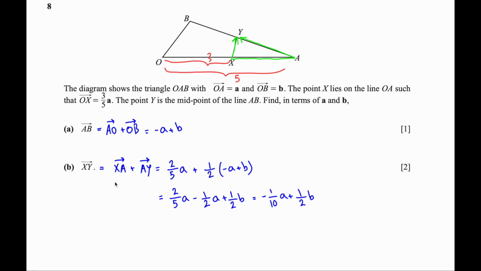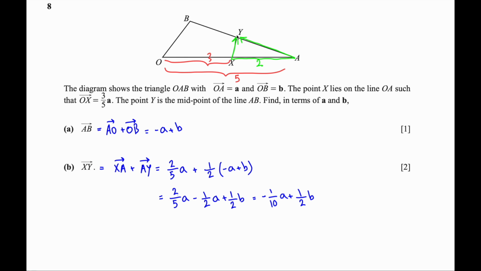So let's start with rewriting XA and AY in terms of A and B. Since OX is 3, XA should be 2, given that OA is 5. And since I'm moving in the same direction as OA, it's positive, therefore I got 2 over 5 A. For AY, however, you have to be a little bit careful.